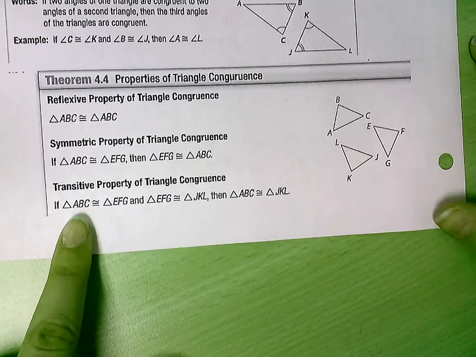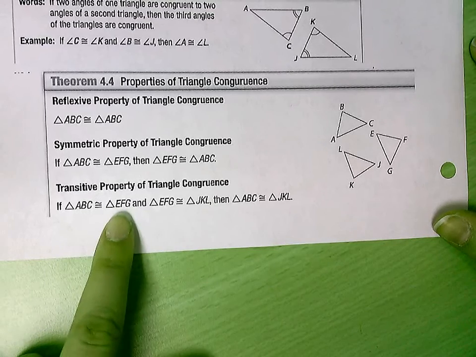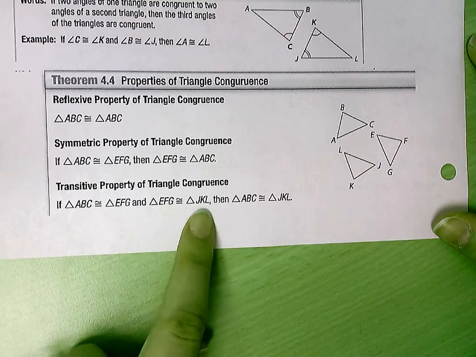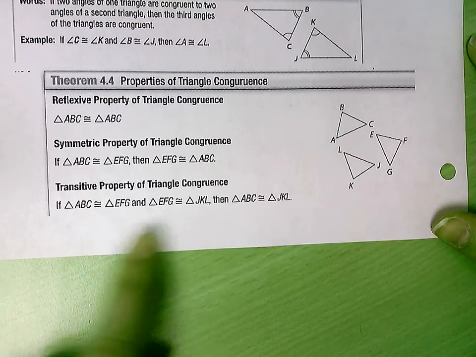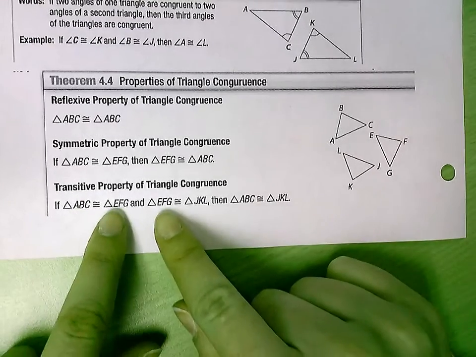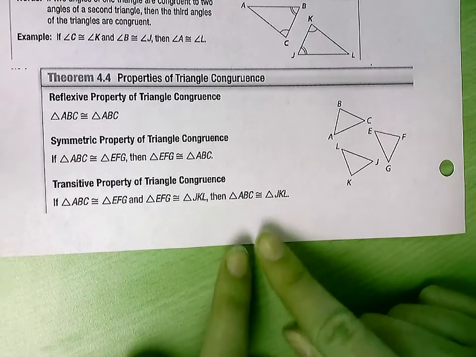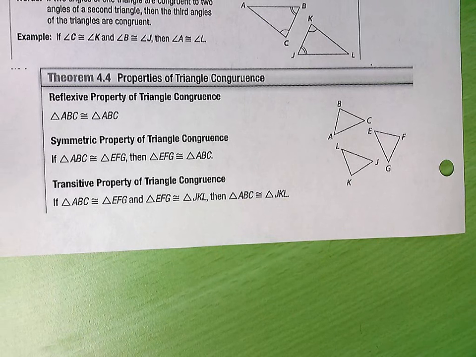If I have triangle ABC congruent to triangle EFG, and I also have triangle EFG congruent to triangle JKL, well, since both of those are congruent to EFG, then those 2 triangles must be congruent to each other. So those are some of the properties with triangle congruence.